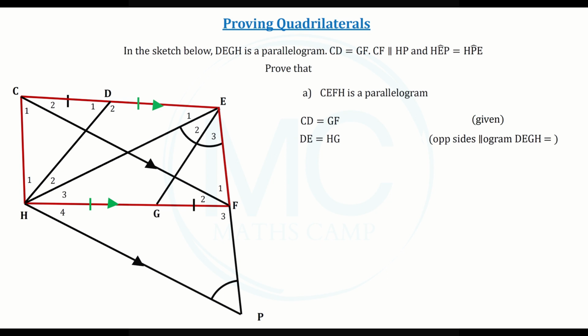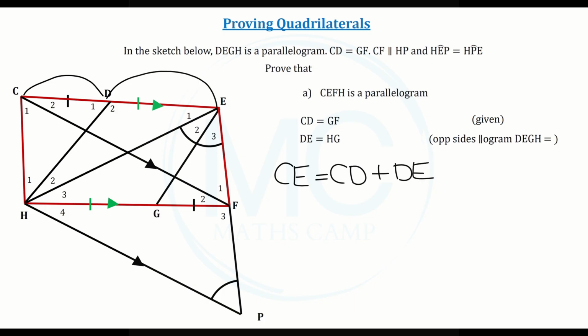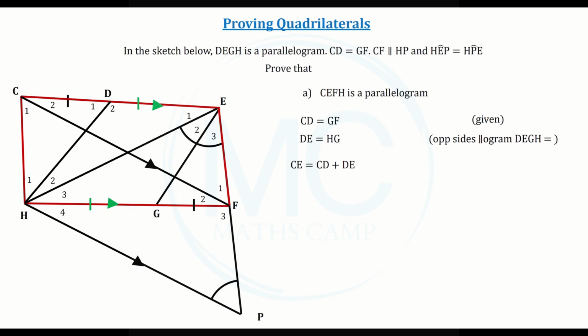Now, side CE is made up of CD and DE. So we can say that CE is equal to CD plus DE. Side HF is made up of HG and GF. So we can say that HF is equal to the length of HG plus the length of GF.